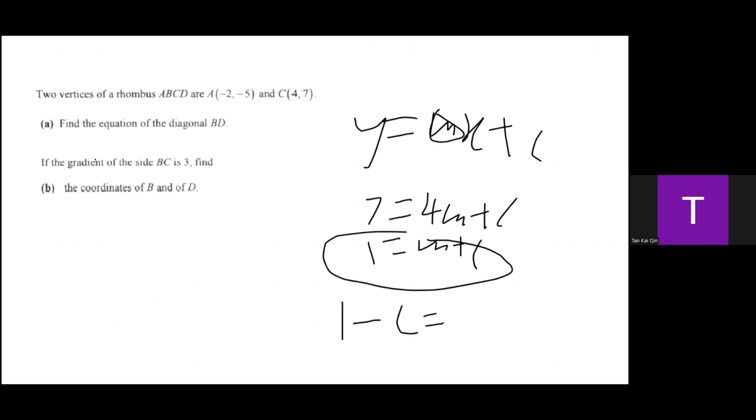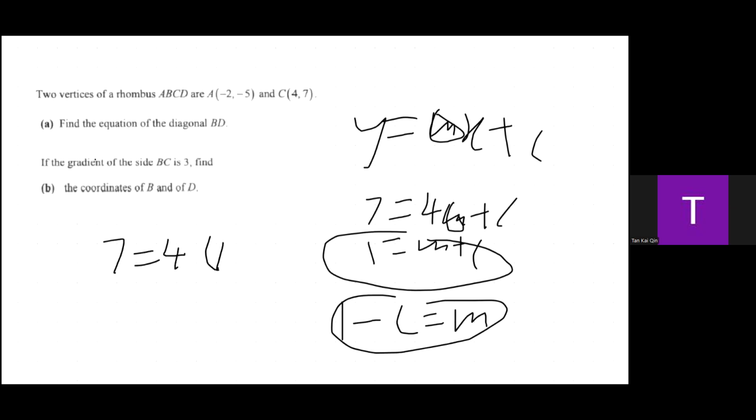Now, since we know the value of m, we can implement it here. It will then become 7 equals 4 times (1 minus c) plus c. So it becomes 4 minus 4c plus c. Then it becomes 4 minus 3c equals 7.